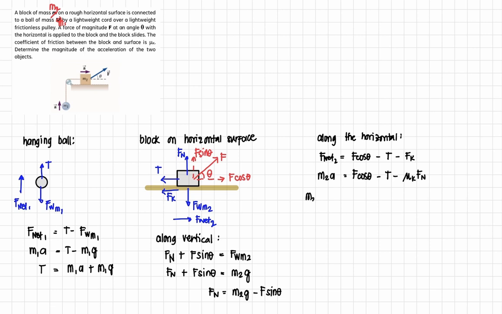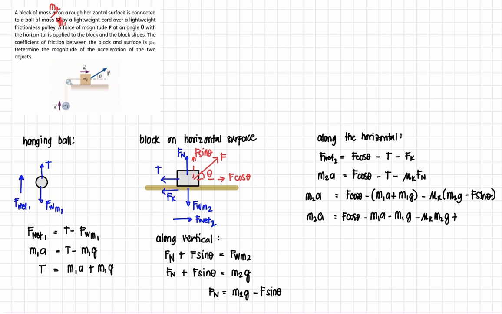So m2a equals F cosine theta minus the tension, because there are two terms, let's put that inside a parenthesis, (m1a plus m1g), minus mu k, and then the normal force is (m2g minus F sine of theta). So m2a equals F cosine theta minus m1a minus m1g minus mu k m2g plus mu k F sine theta.